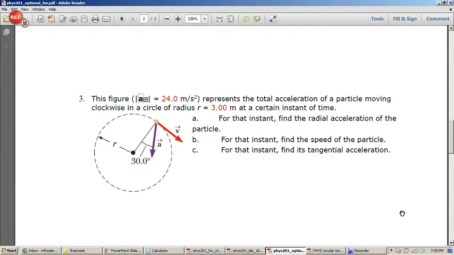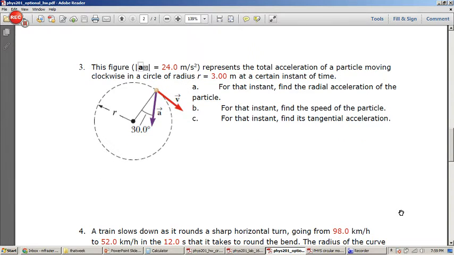All right, so 3 and 4 were all about finding the total acceleration. In 3, it's finding the portions: the part that's into the circle that causes the turning, and the part that's tangent to the circle that causes speeding up and slowing down.